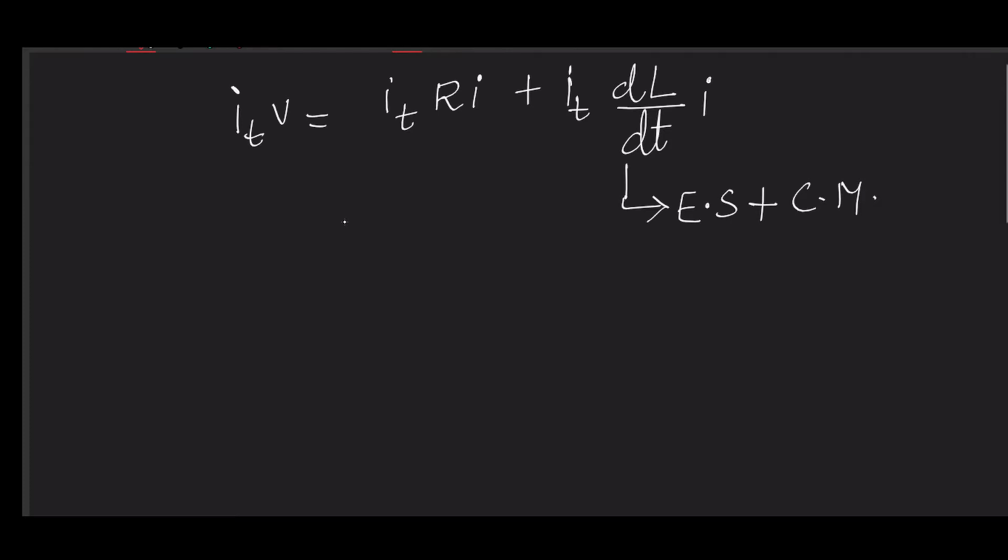Now, if we consider a small finite displacement delta theta that occurs in a time delta t, then with a corresponding change of inductance delta L, the initial stored energy will be how much?